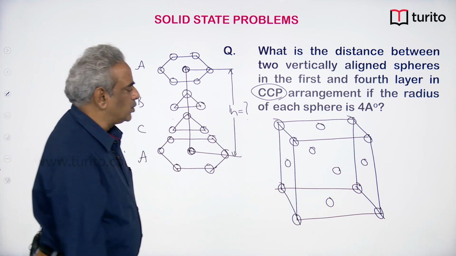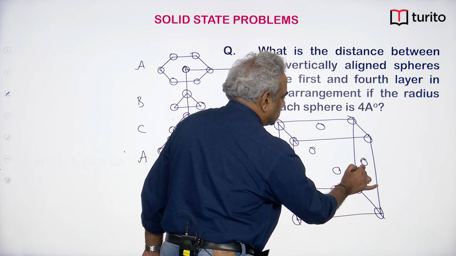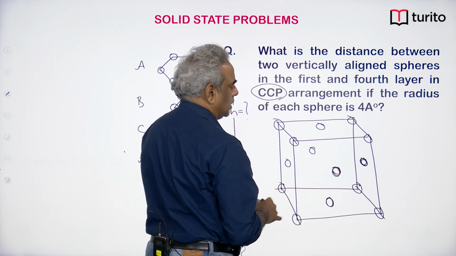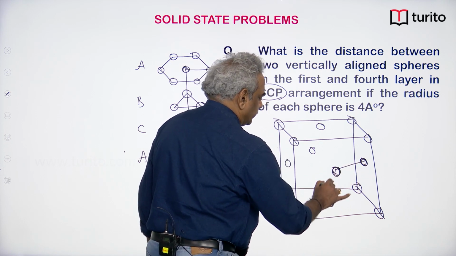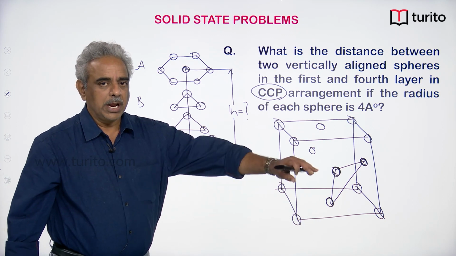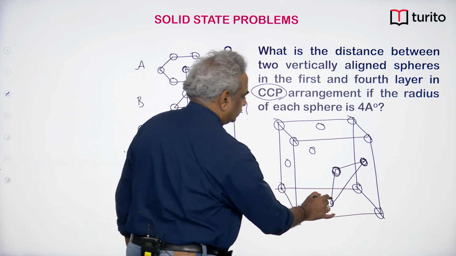So, from that what can you say? This sphere and this sphere are in contact, which makes a triangle, a triangular layer you can feel.